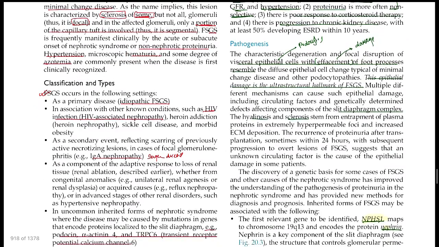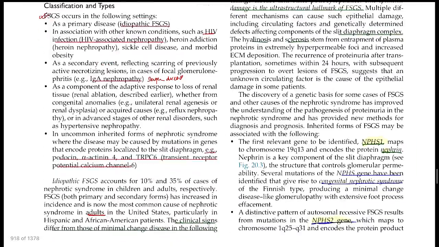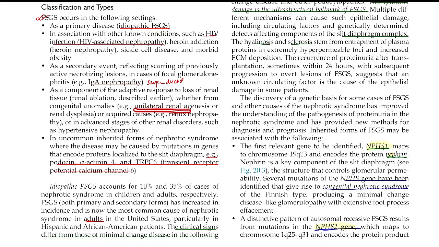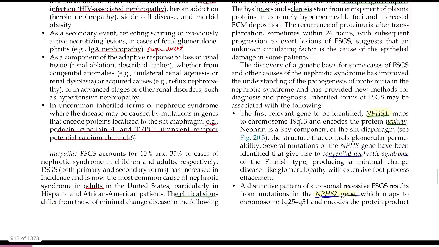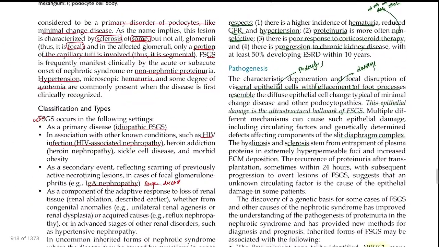Here it is talking about the primary and the secondary one. The primary one is idiopathic, the secondary one, as we discussed, is because of unilateral renal agenesis, renal dysplasia. These are all things that we need to go through thoroughly.